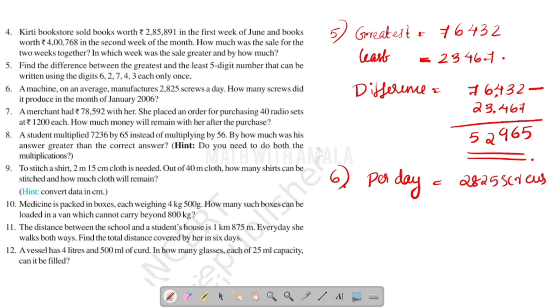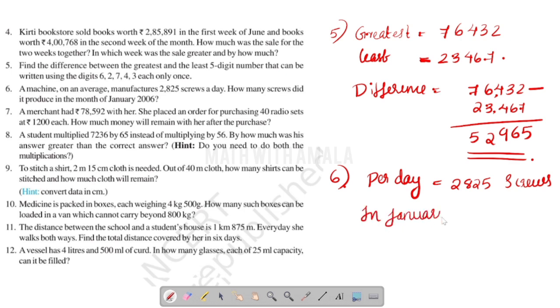So per day it produces 2,825 screws. So we have to find the number of screws produced in the month of January. How many days are there in the month of January? Yes, 31. So 31 into 2,825 is the answer.